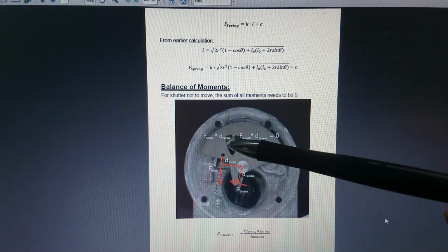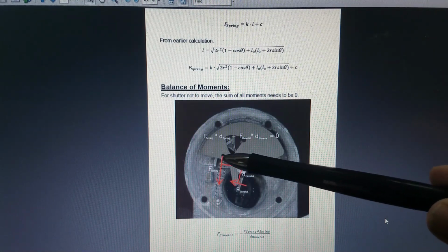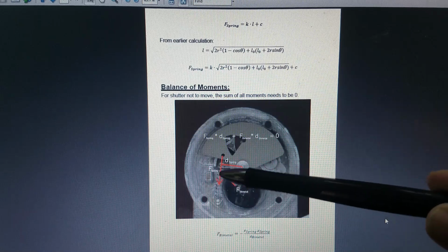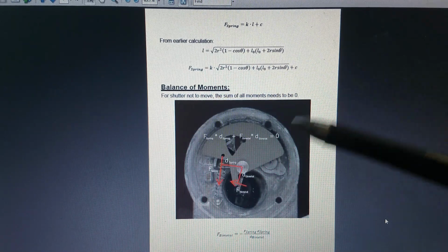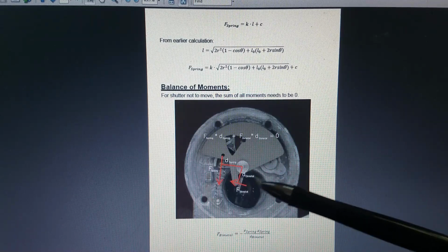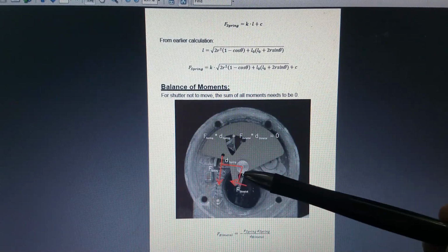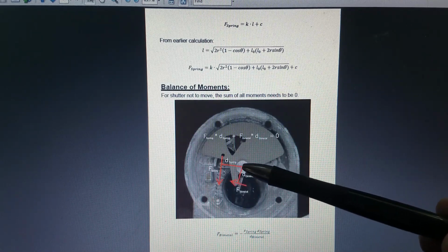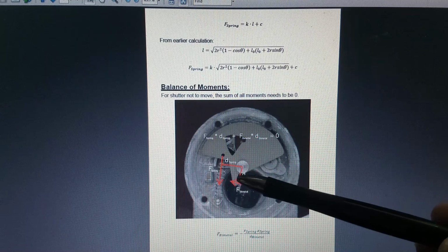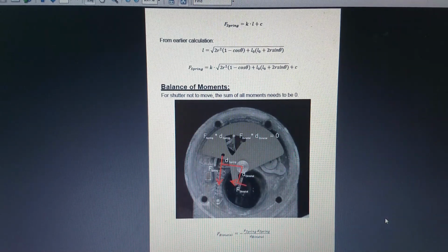So basically the spring pulls the shutter counterclockwise with a certain distance from the center of rotation, and the bimetallic strip pushes this little finger in this direction, clockwise, and also with its own distance from the center of rotation.